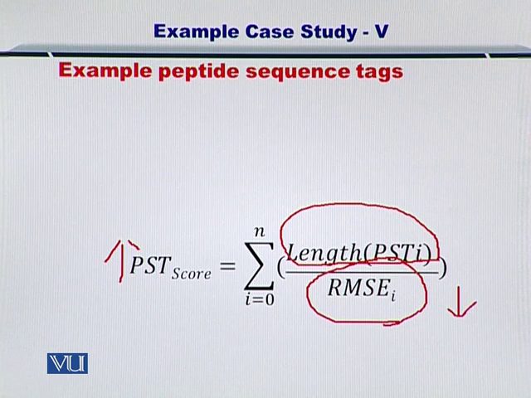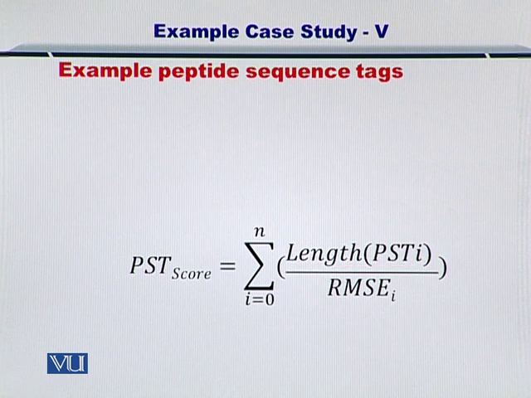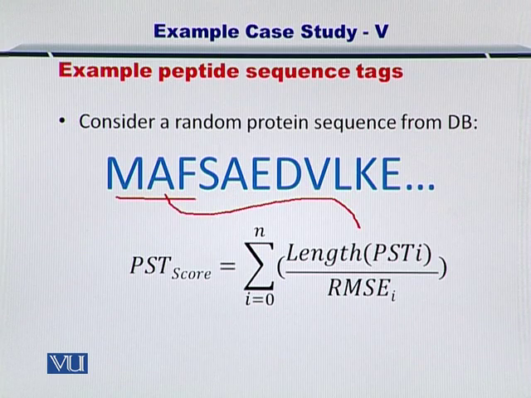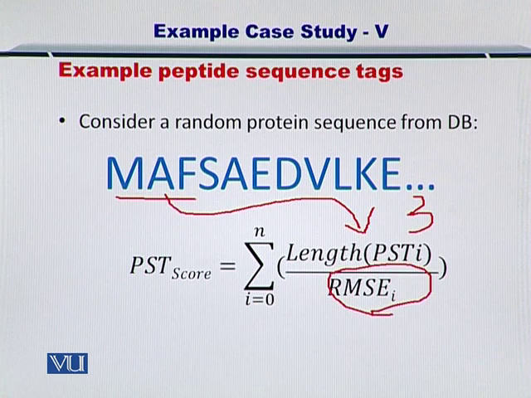So let's take a look at the example protein that we're working with. If you have 3 amino acids in the peptide sequence tag that were formed by C1, C2 and C3, then the length would be plugged in, which in this case will be simply 3, and the RMSE will be the error of the MS2 peaks with the mass of the amino acids.